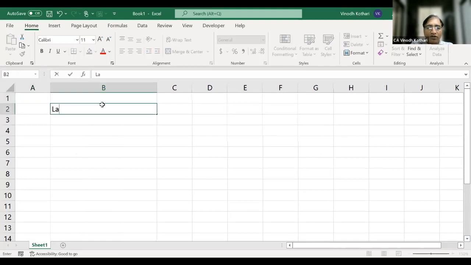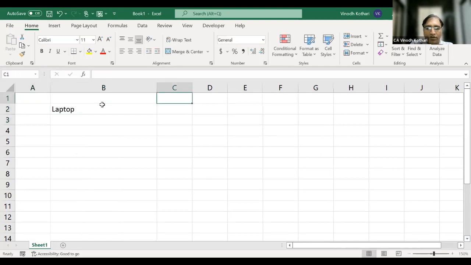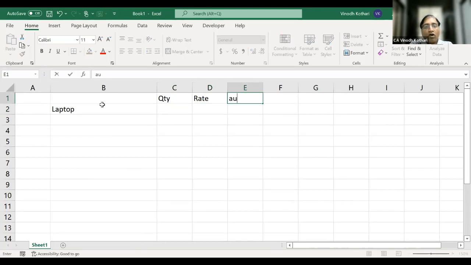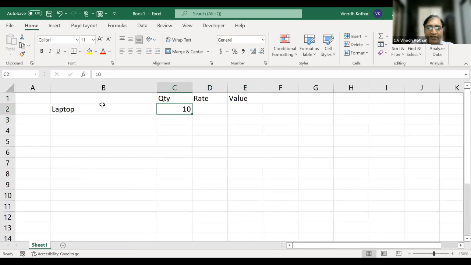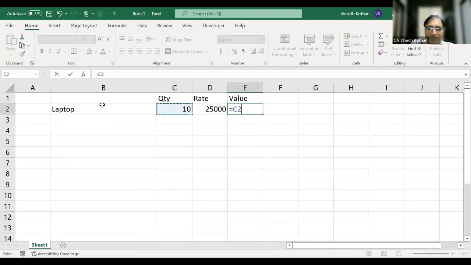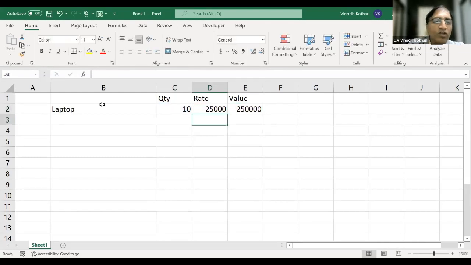Quantity, rate and value. So quantity is how much? Say I buy 10 laptops, one laptop for 25,000 rupees. What is the total value? 10 into 25,000, it is 2,50,000 rupees.